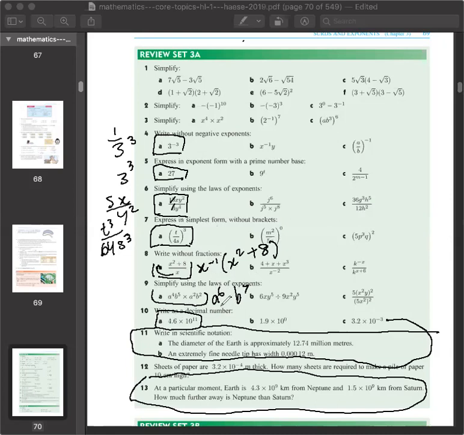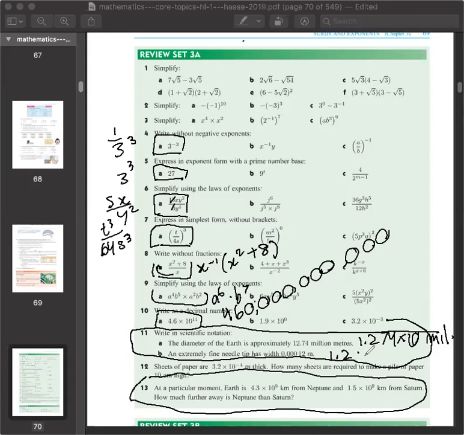For this one, to write a decimal number of it, you just add 10 zeros. I think that should be right. Yep. And then for this one, you just turn it into this amount.